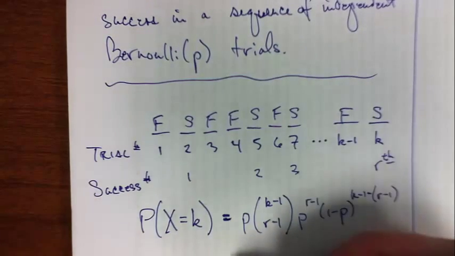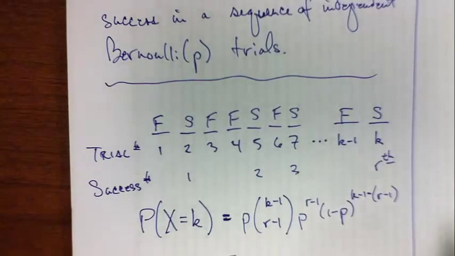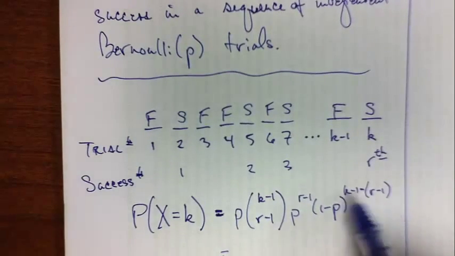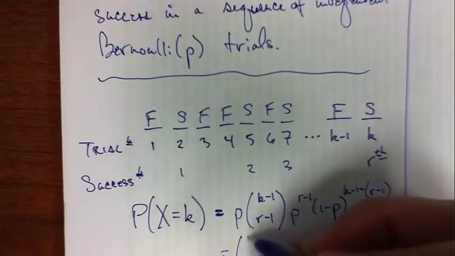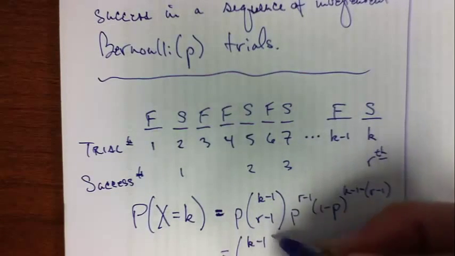See that? So actually this simplifies a little bit. This exponent just becomes k minus r.